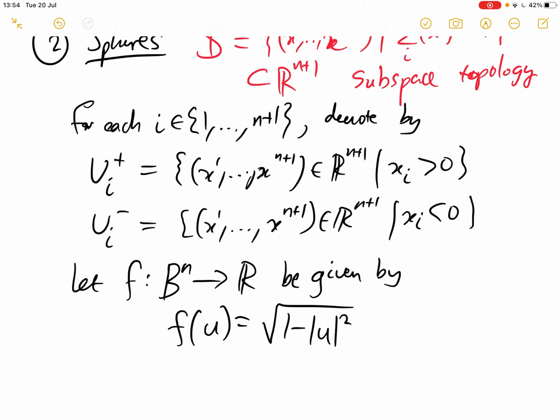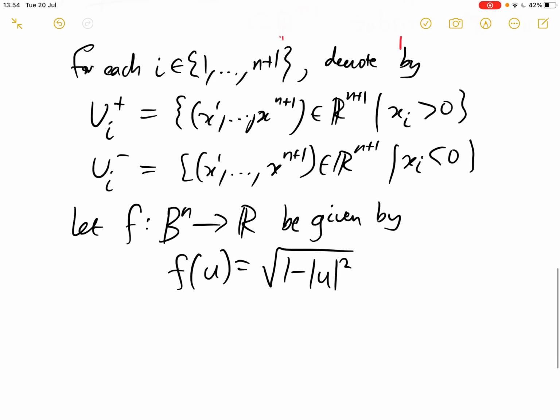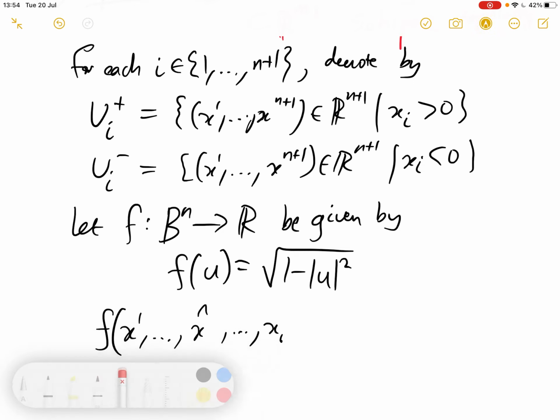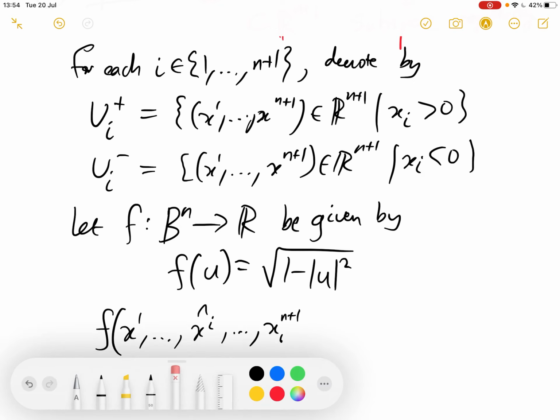This function f is continuous, you can check that, and we can also work out f of x1 up to x(n+1), where we omit xi, sorry, I should have a hat here and a hat here.